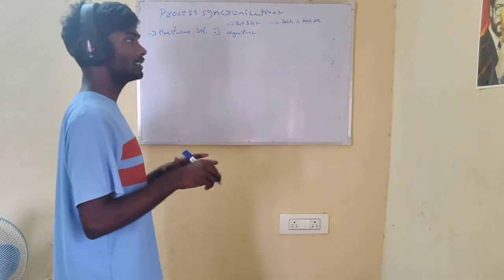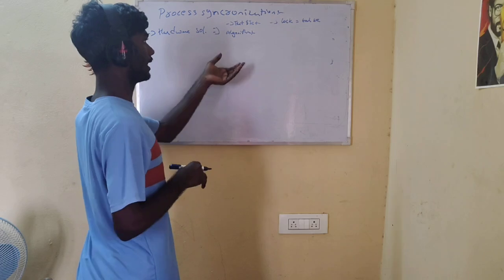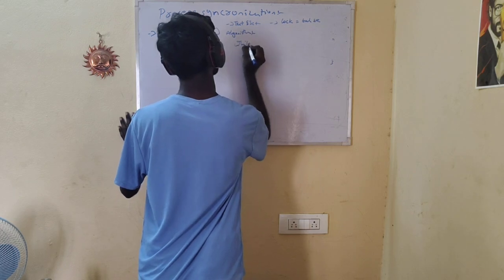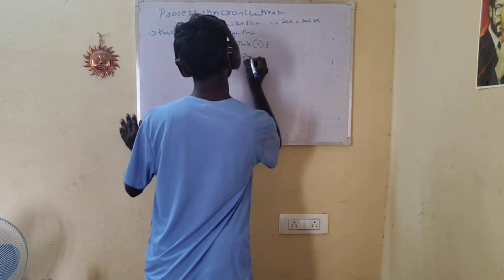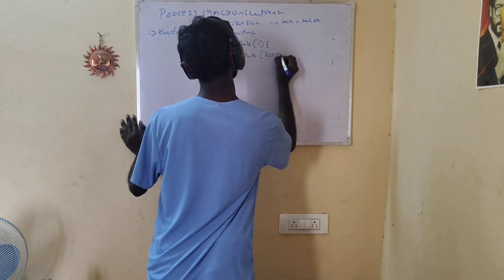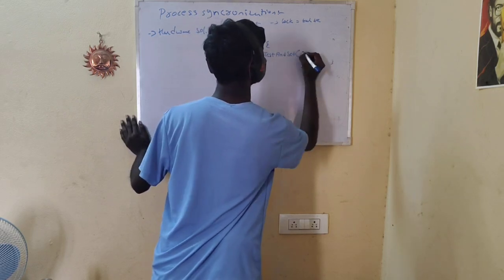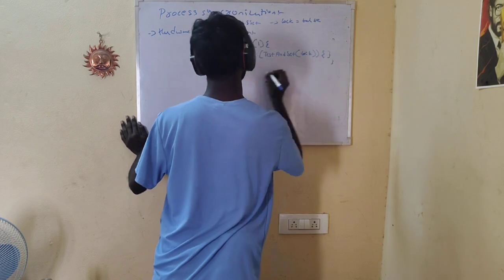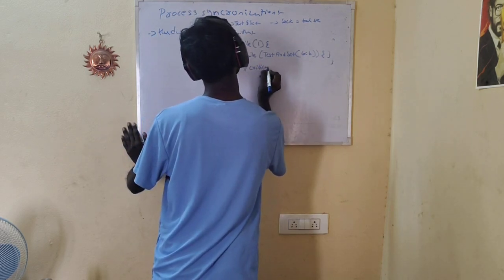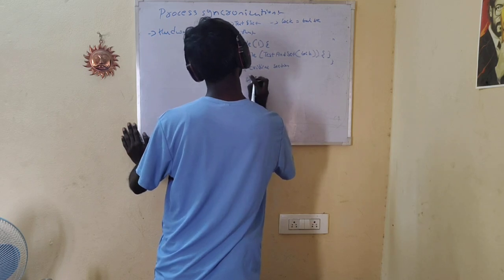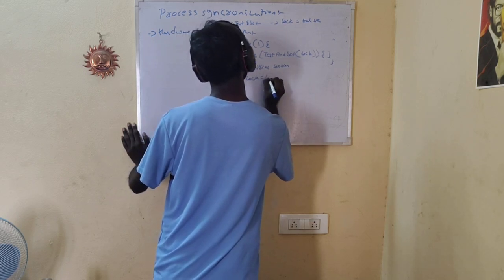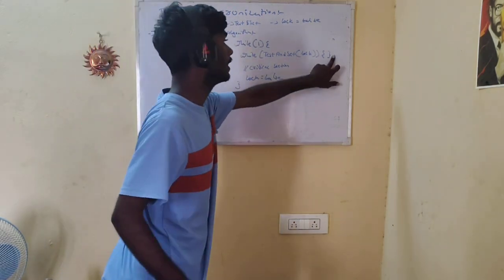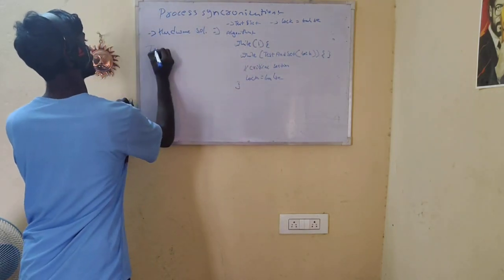Whenever a process is trying to access the critical section, what happens is as follows: while 1, while test and set of lock, infinite loop, and then the critical section, and then lock equals false.